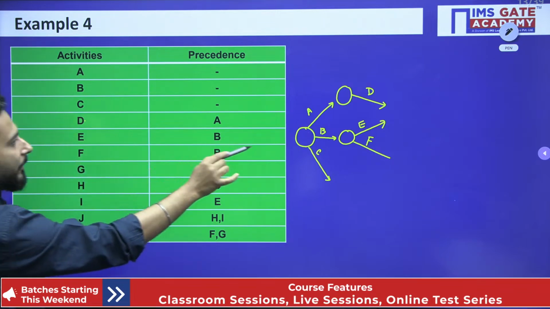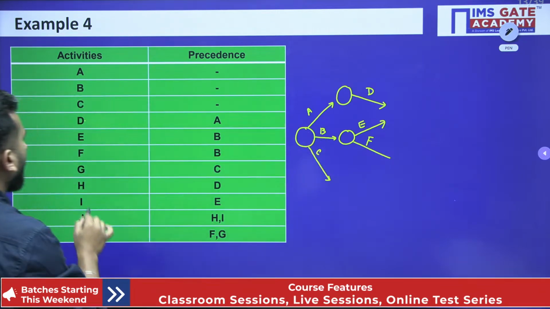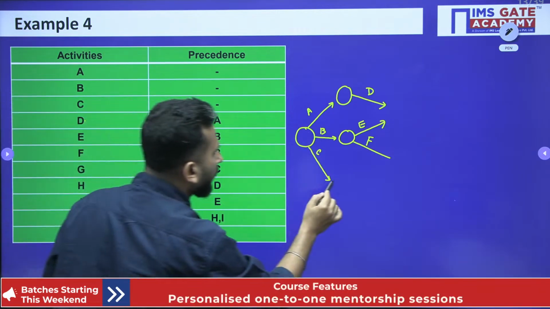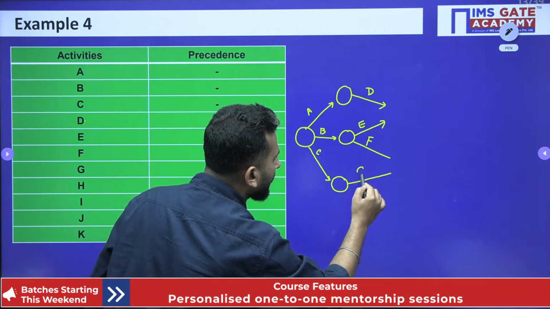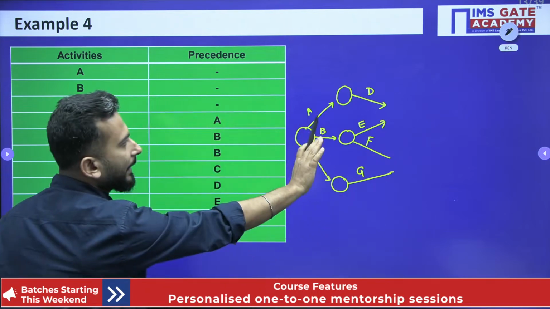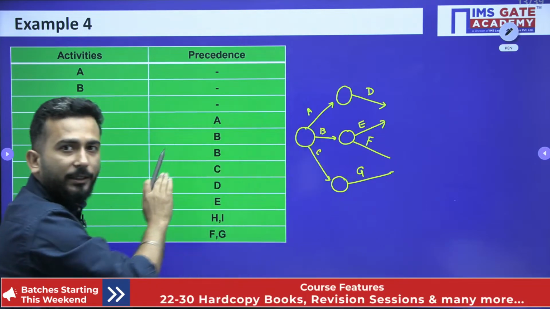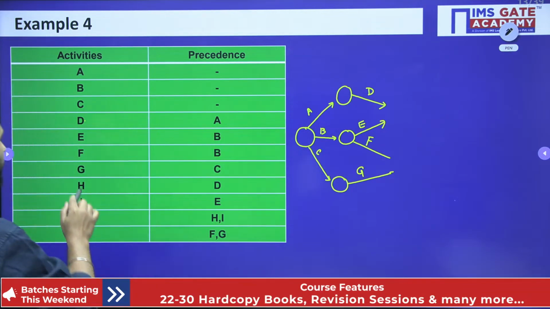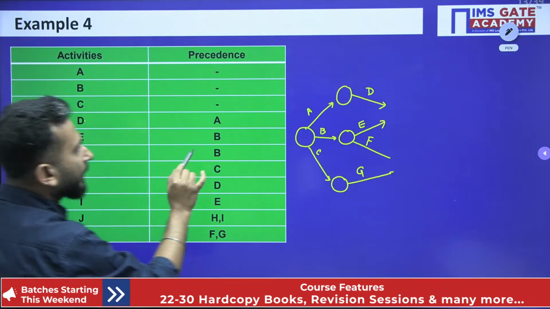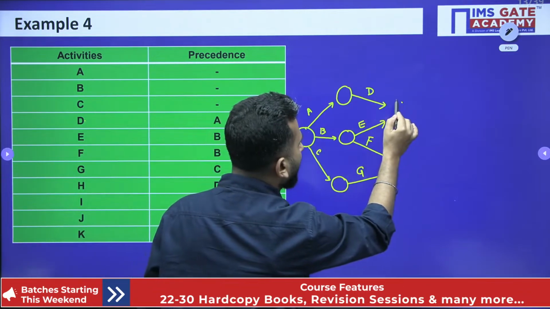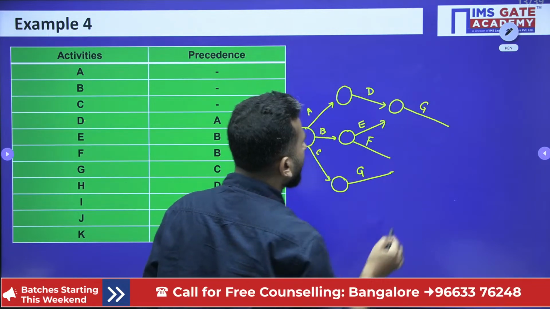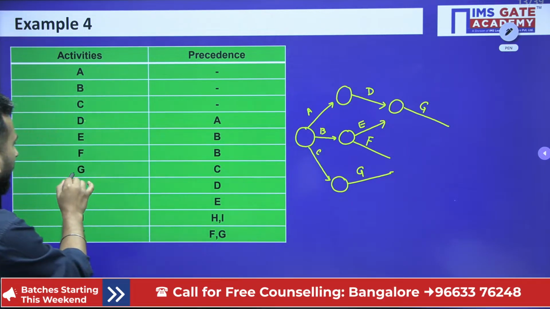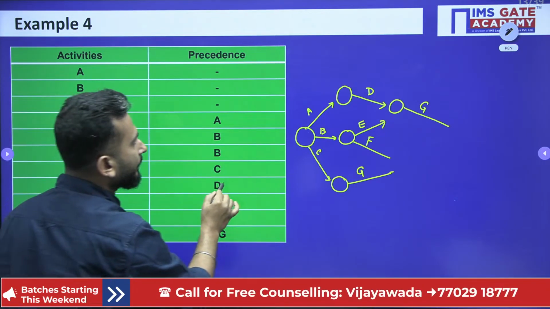G has a precedence of C. So let's say this is G. I am not connecting anything, I have just left it, I will use it afterwards. H has a precedence of D. Okay, so I have to end D now, and I have to start H. Fine. This is done.